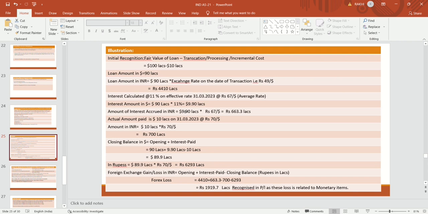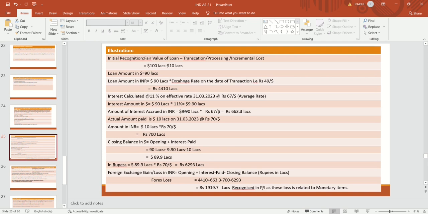So the closing balance in INR becomes 6,293 lakh rupees. Now the opening balance, closing balance and interest amount, all will be considered in INR and also in dollars.